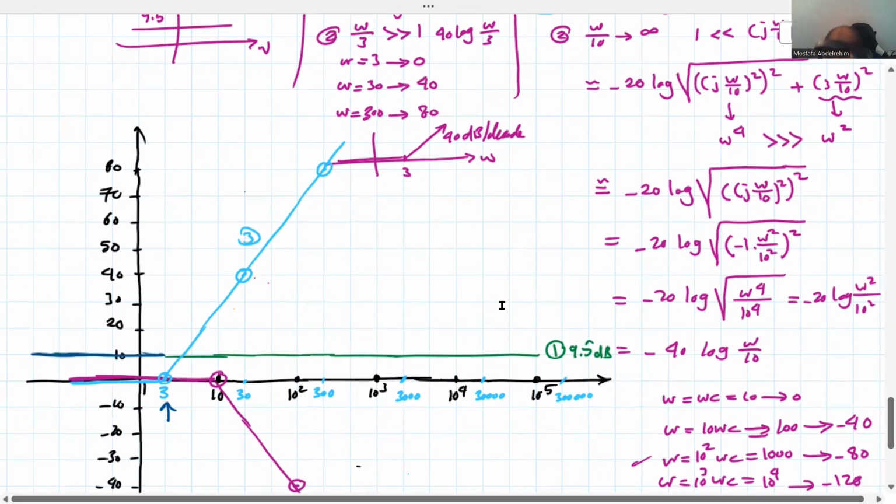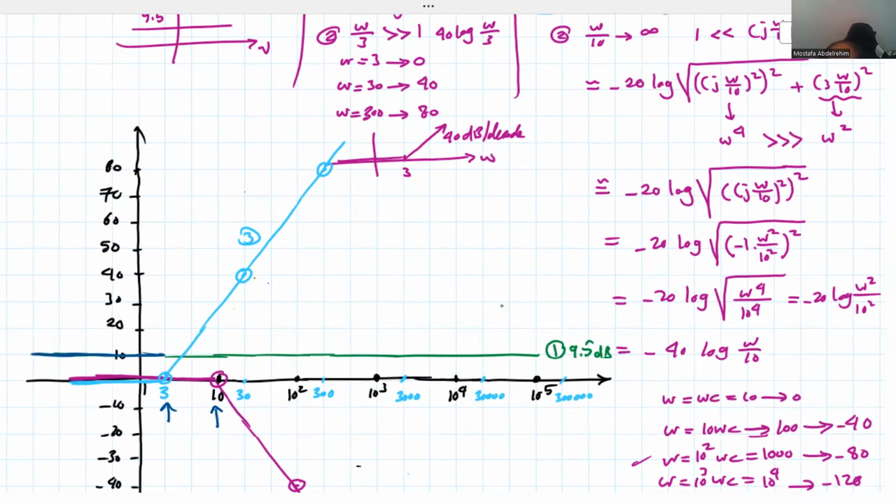Then between 3 and 10, the purple is still 0, but we have now a straight line going like that with 40 decibels per decade plus 9.5. So this line will be shifted up. Why? Because it's again going to be a straight line. So 0 plus 9.5 will be 9.5. Then here we have this value, whatever it is, and we add 9.5 to it. So it will be, for example, here.